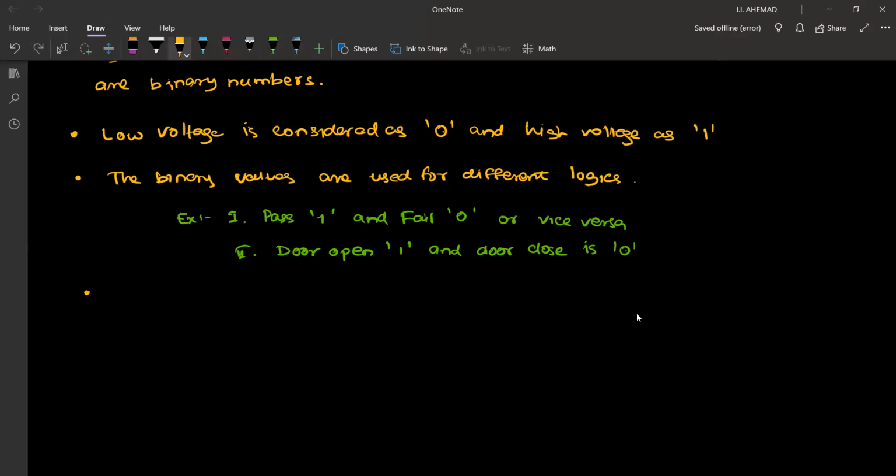Next point: to deal with these logic circuits, there is a special algebraic notation to operate with logic circuits.